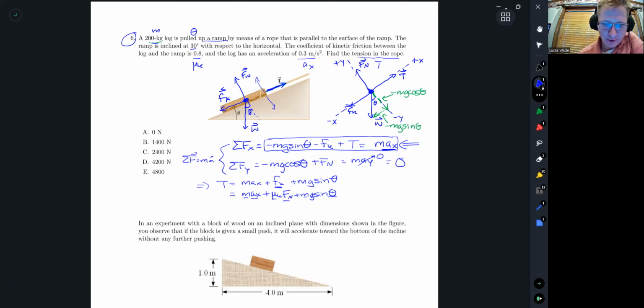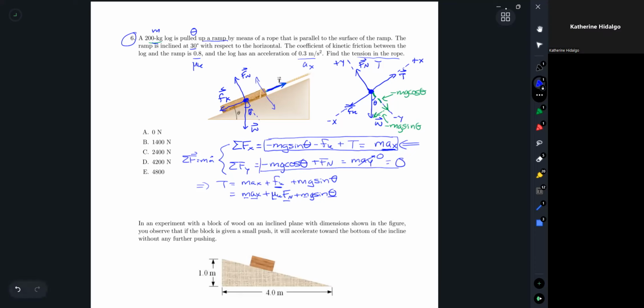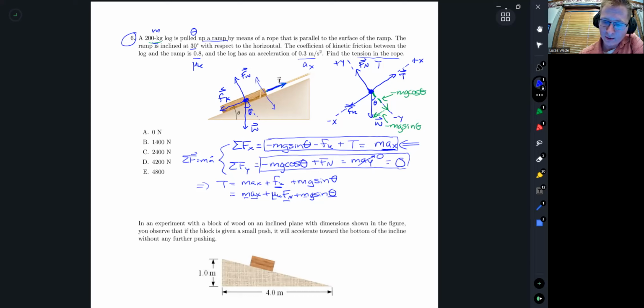How about we look at our other equation here? What is 0? It's not 0, it's balanced by this component of the weight.